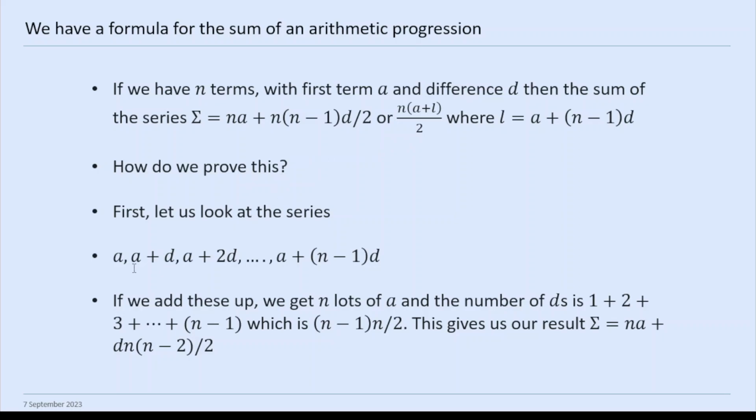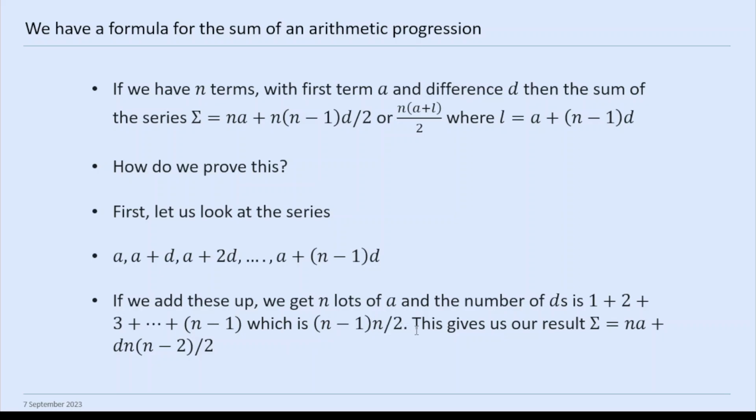Well, let's just look at the series a, a plus d, a plus 2d, etc. So firstly, we've got n terms. Each one of them has got a single a. So we've got n lots of a. And then if we look at the number of d's, there's 1, 2, 3, 4, 5, 6, and it goes up to n minus 1. So it's all the numbers from 1 plus 2 plus 3 up to n minus 1. And that sums to (n minus 1) times n over 2. We can show why that is.